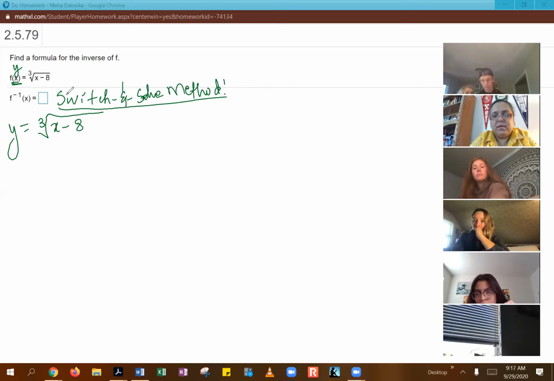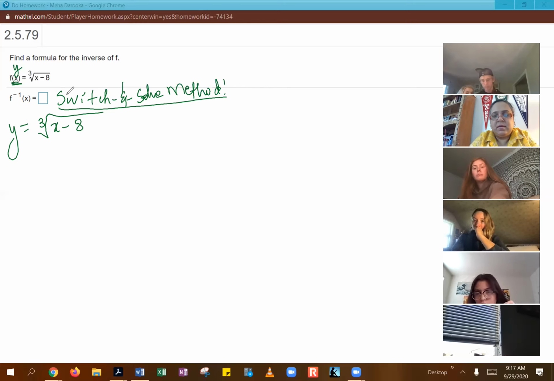Now you can use the switch and solve method, or you can use the mental method. So you can see in this function, if we take our value of x, we would first need to add the 2 to simplify that. And then whatever answer you get after adding 2, we would end up taking the square root function of that.